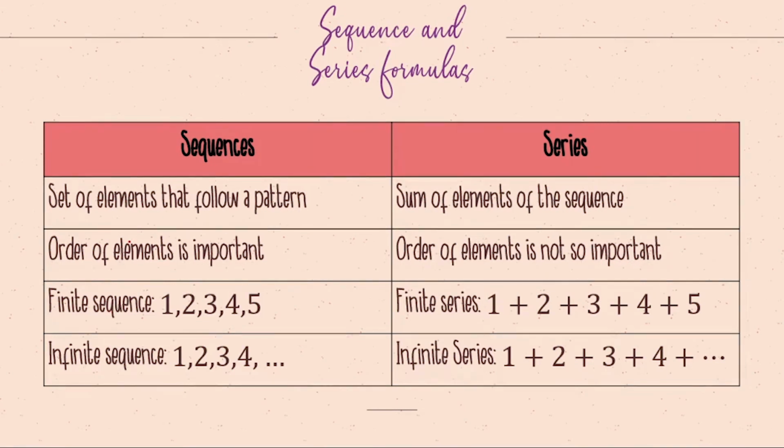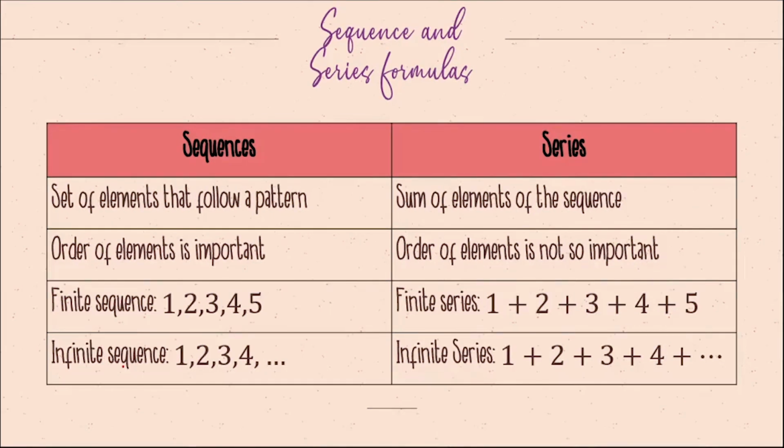Third, a finite sequence 1, 2, 3, 4, 5 uses commas, but a series uses plus, like 1 plus 2 plus 3 plus 4 plus 5. The last one is an infinite sequence, 1, 2, 3, 4 dot dot dots, but in a series 1 plus 2 plus 3 plus 4 plus dot dot dots.